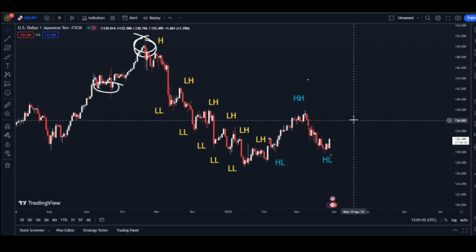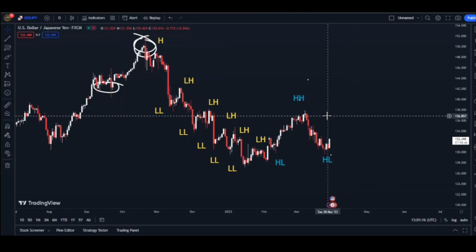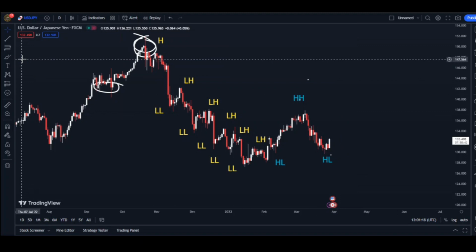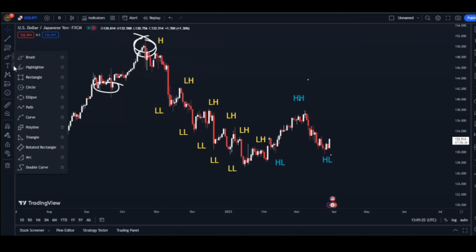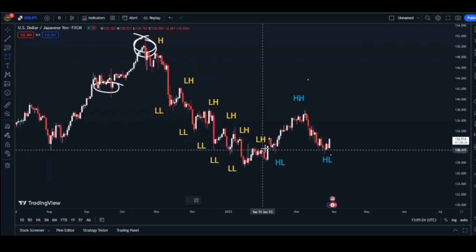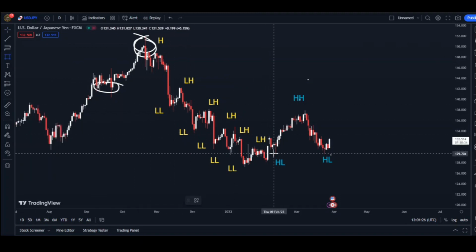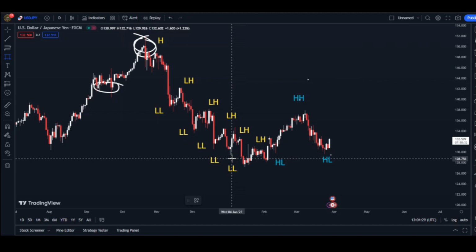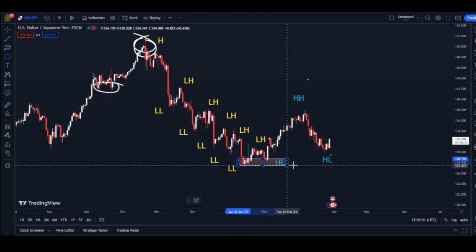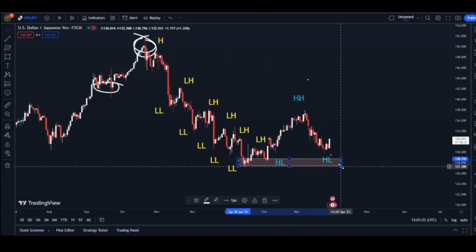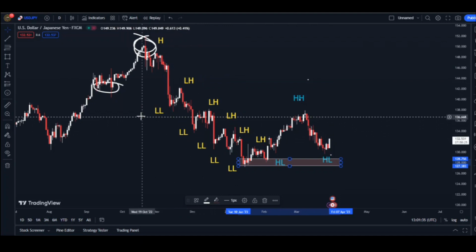All right. So right now we're going to plot our key resistance and support in order to make sure where our price currently is. So I'm just going to plot my key level of resistance and support. So obviously we have support in this level, right? No doubt about that on a daily time frame, from a higher time frame perspective.